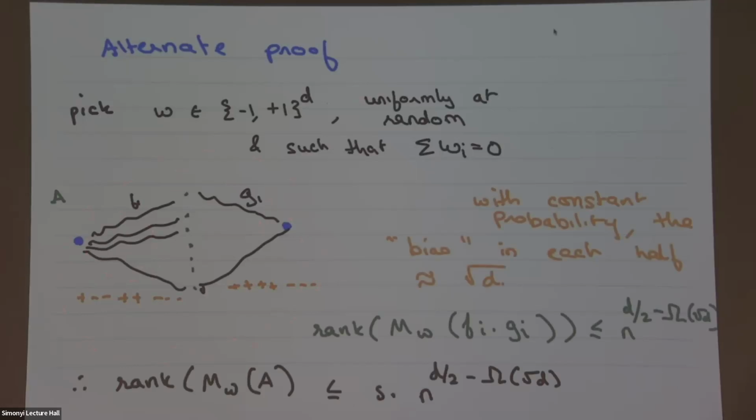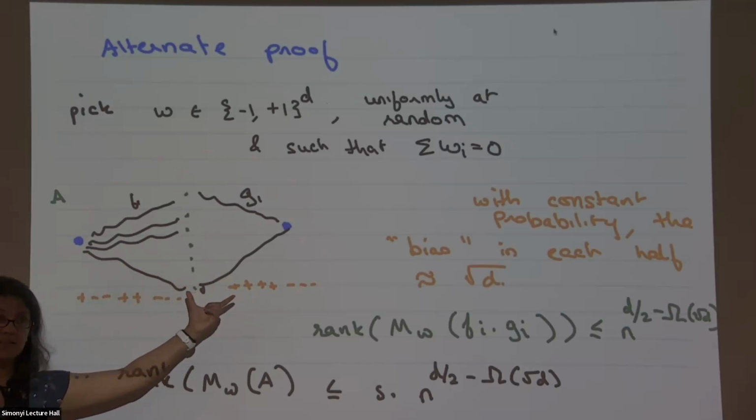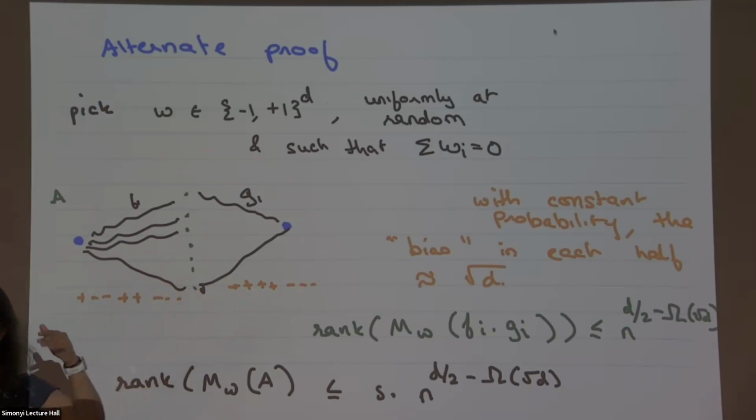Now if you look at the left half, it's not all pluses. It's a random plus-minus 1 word, a string of length d over 2. The expected bias of a random string is roughly square root d. So with constant probability, you'll get square root d bias here, square root d bias there, and that's enough to say that there's some rank deficit.